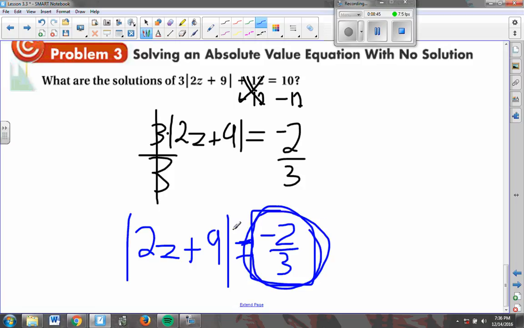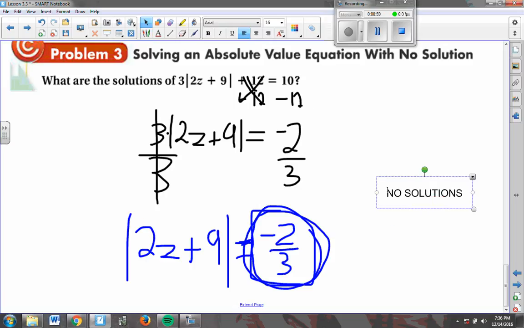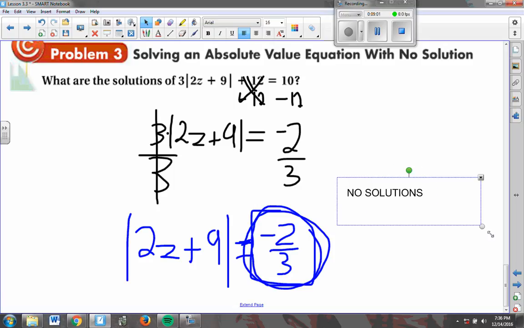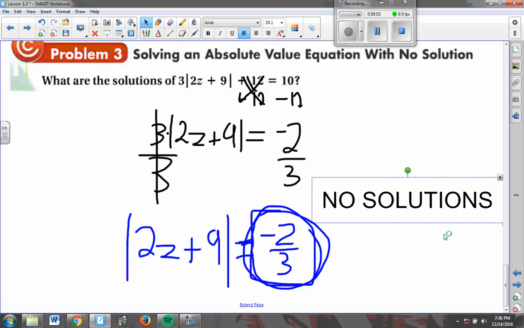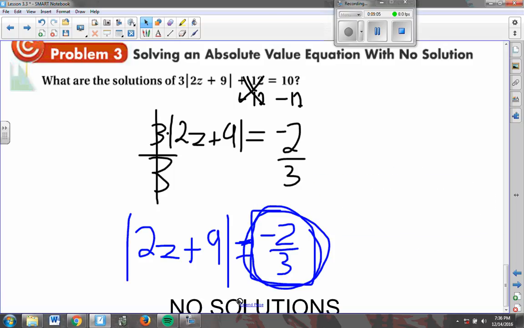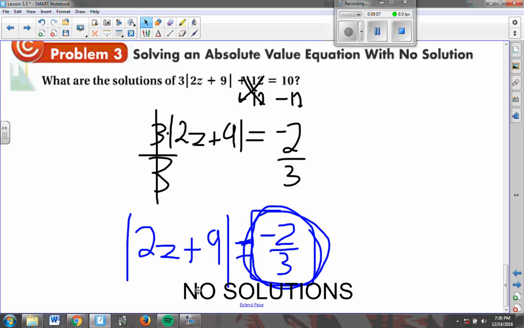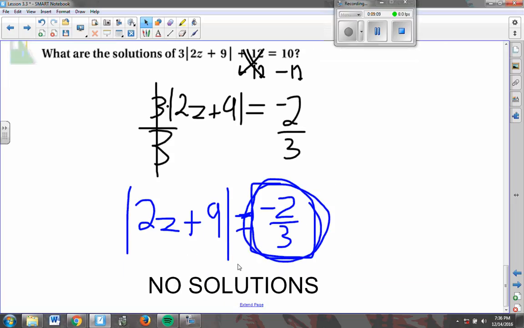As soon as I see a negative number on one side with an absolute value on the other, I say no solutions, because the absolute value is equal to a negative.